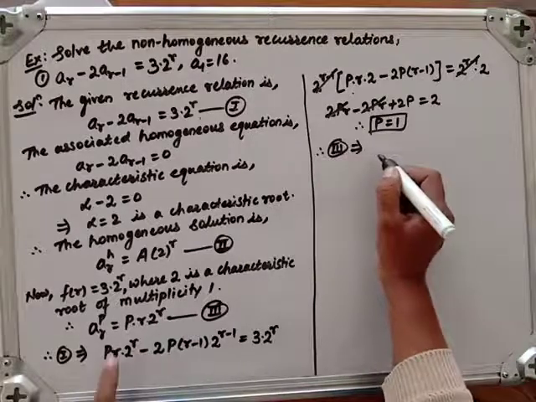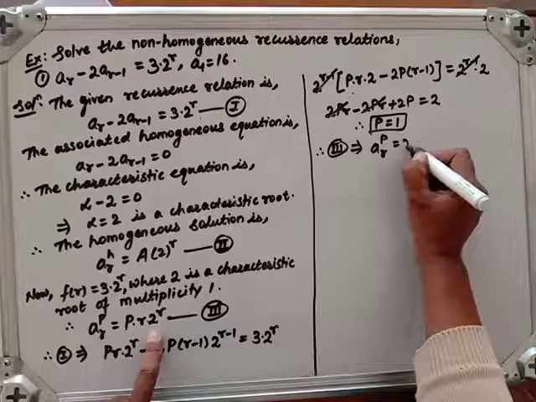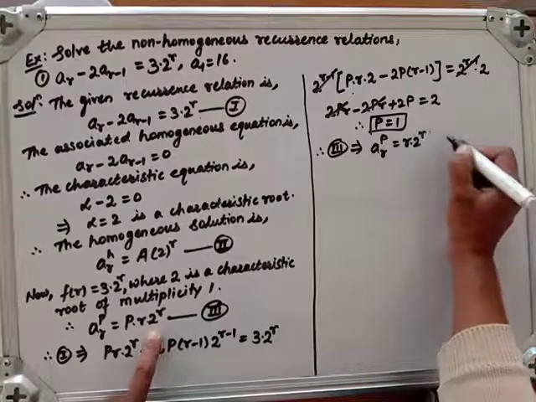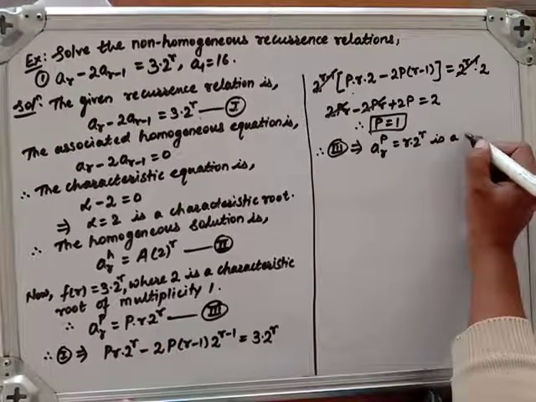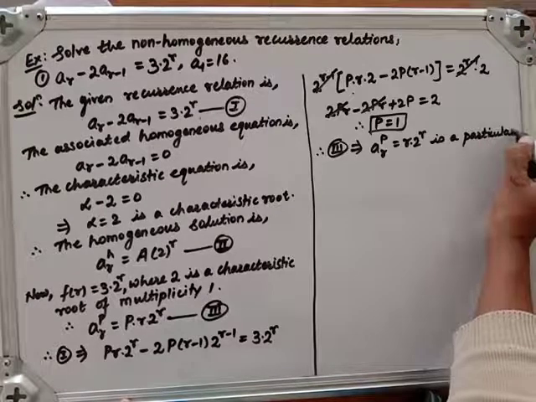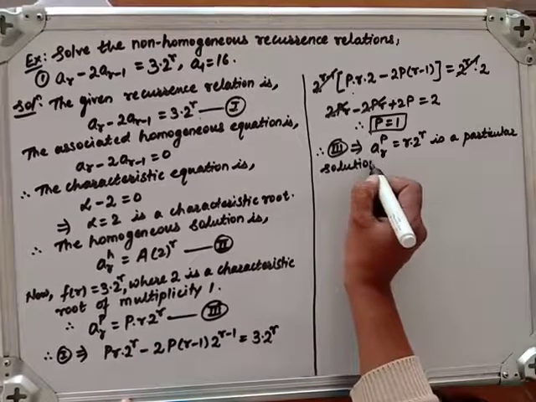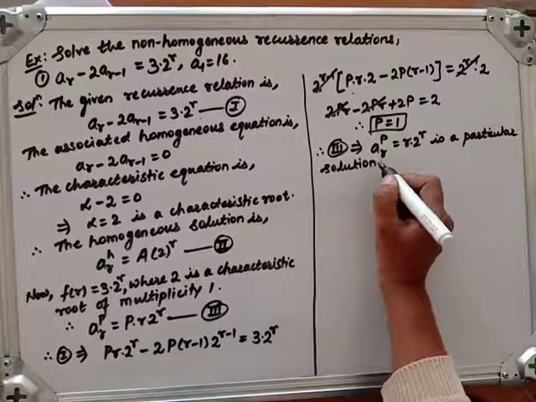So once P is equal to 1, equation 3 gives a_r^p is equal to r 2 raised to r, the particular solution. Fine.